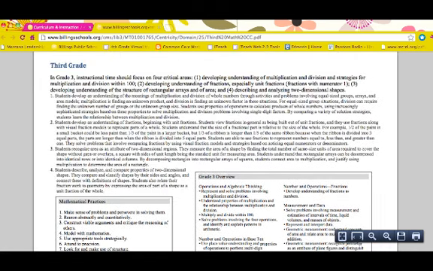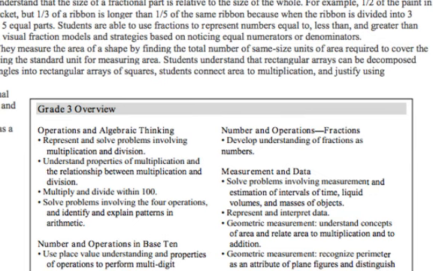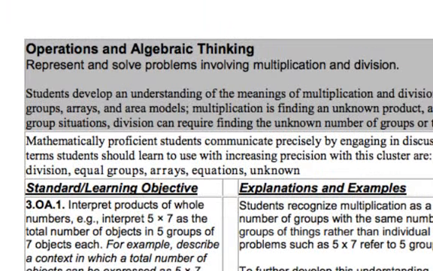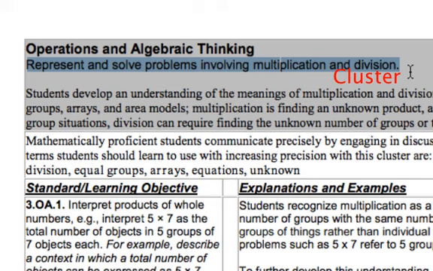And then as we scroll down to the next page, this is where you're going to see an overview of the domains and the clusters within your grade level. As we scroll to the next section, you're going to see the domain listed at the top. So this domain example is Operations and Algebraic Thinking. This is the cluster or the category within that domain that this standard falls under.